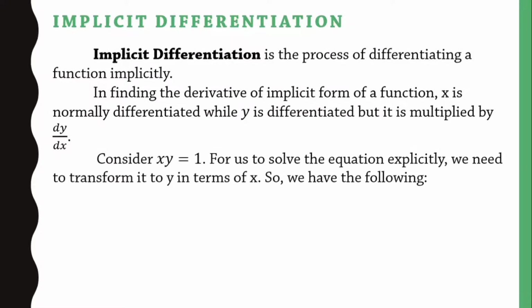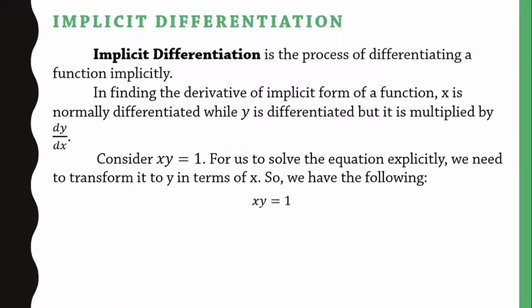So consider the equation xy equals 1. For us to solve the equation explicitly, we need to transform it to y in terms of x. So we have xy equals 1.